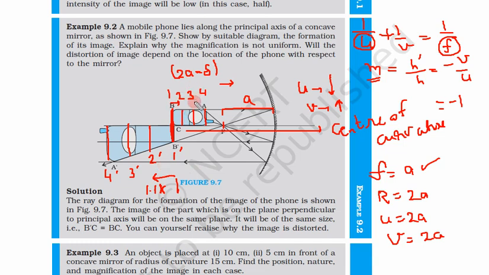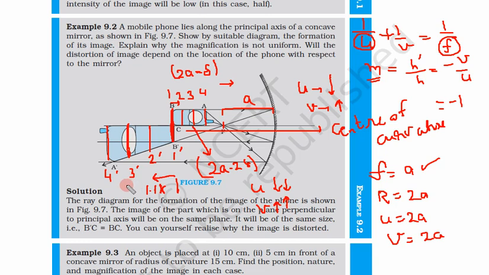Now we have come to this third point. Let us say at this point the distance is further reduced, 2a minus 2 delta. To keep the focal length constant, v will be much larger. So now u is further reduced, so v is further larger, hence magnification will be further more.